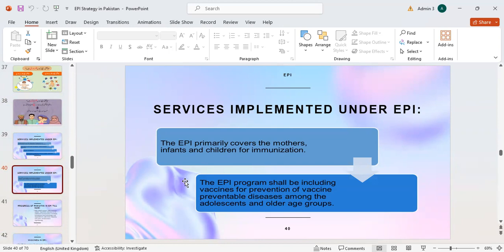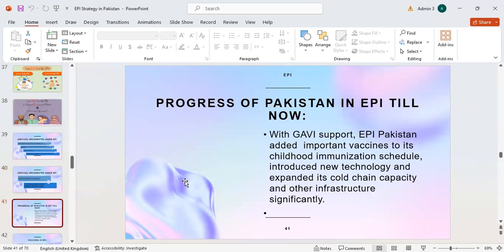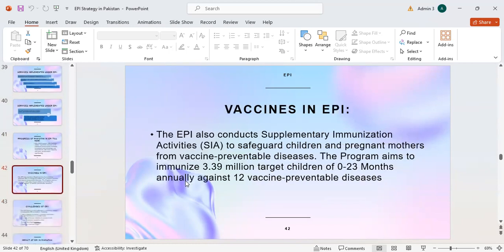The EPI program shall include vaccines for prevention of vaccine preventable diseases among the adolescent and older age group. Progress of Pakistan in EPI till now: with the Gavi support, EPI Pakistan added important vaccines to its childhood immunization schedule, introduced new technology and expanded its cold chain capacity and other infrastructure significantly.